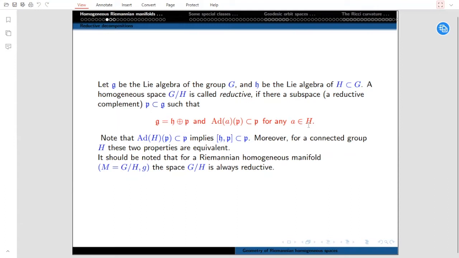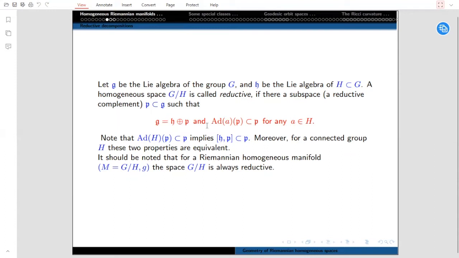It's easy to check for some concrete examples, but a reasonable question arises: is it always possible to find a reductive complement for any homogeneous space?